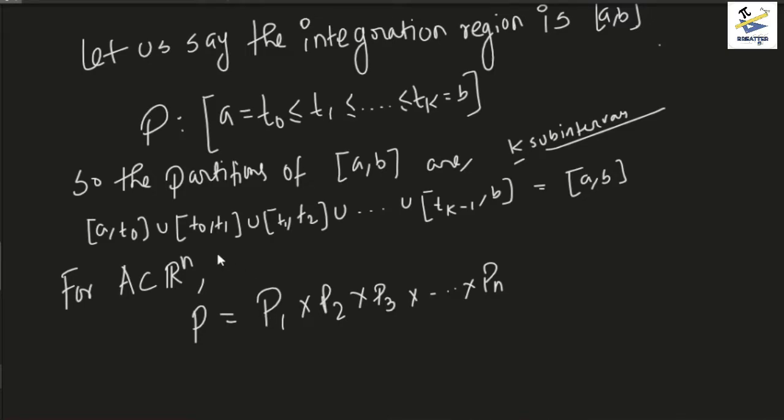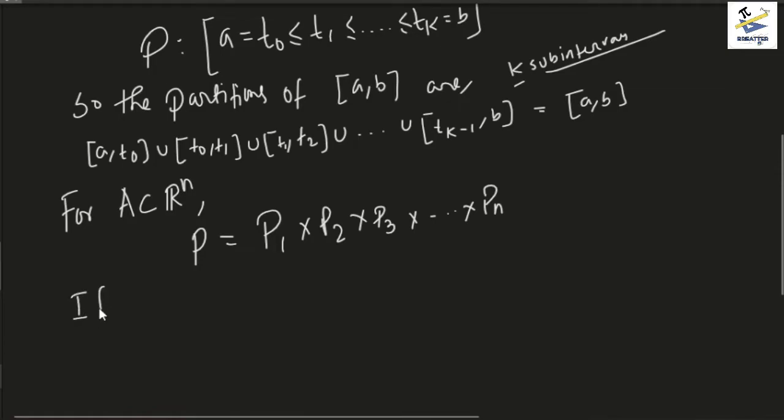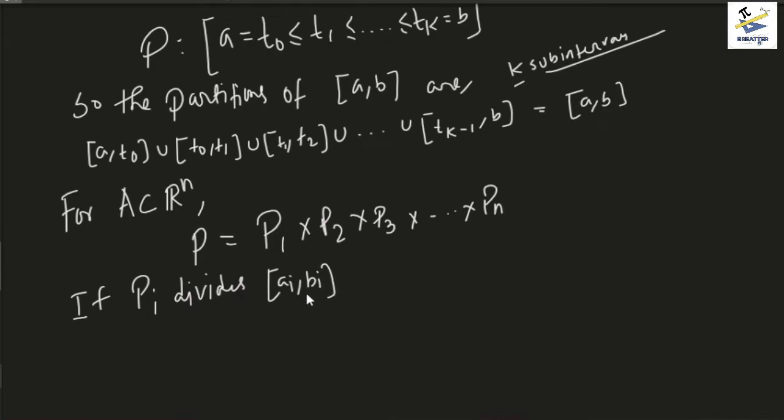Basically, if Pi divides small ai comma small bi into ni subintervals, then we can say that these subintervals are t(i-1) to ti.